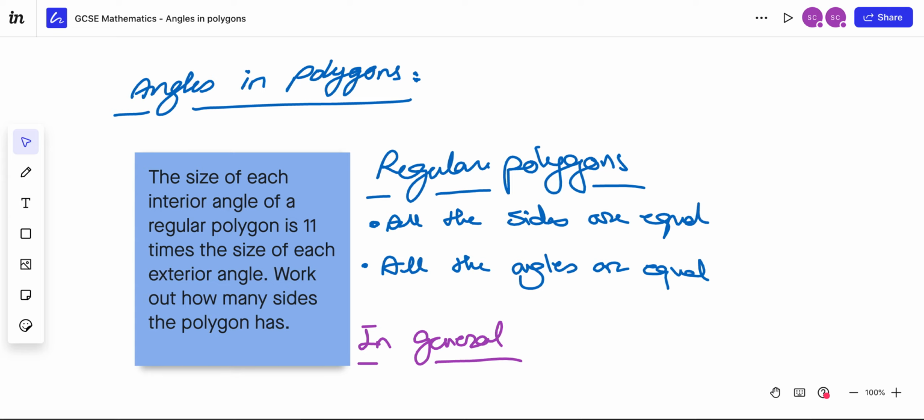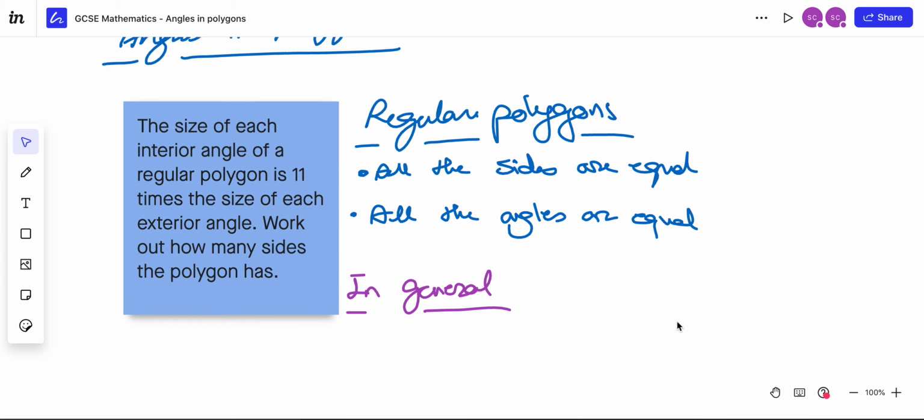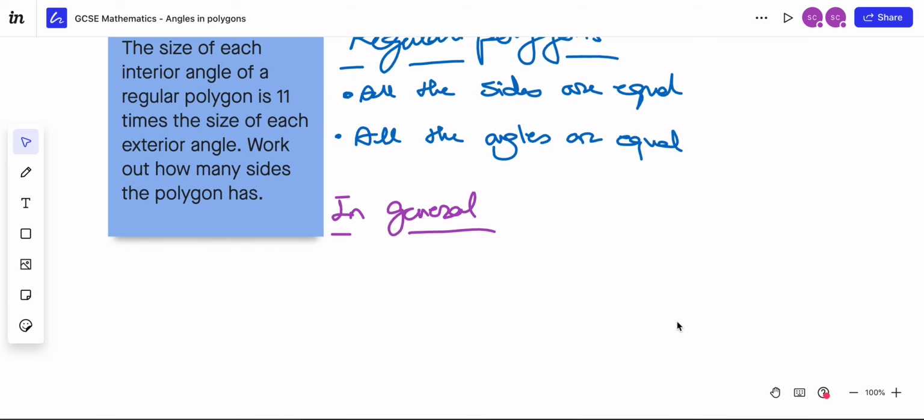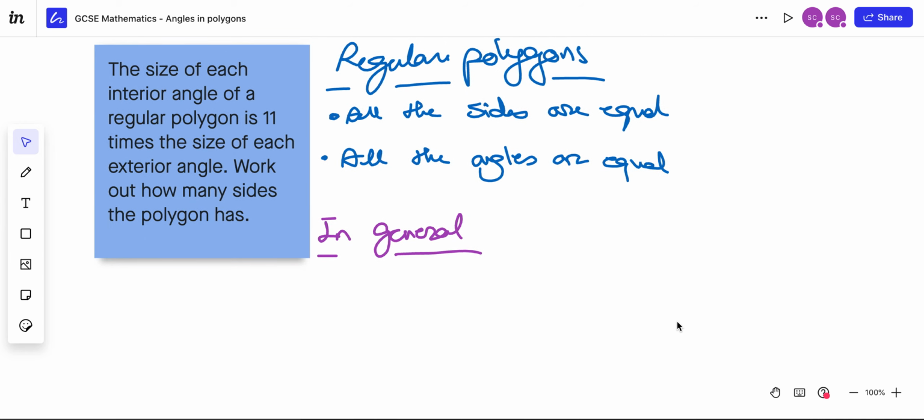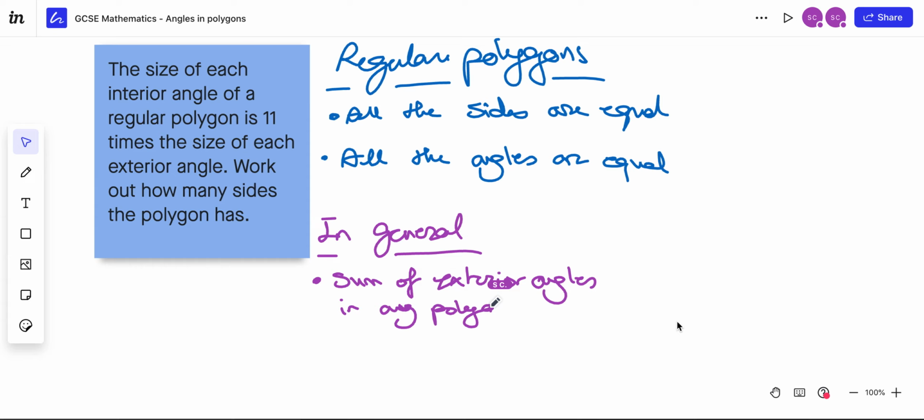Number one: the sum of exterior angles in any polygon is 360 degrees.